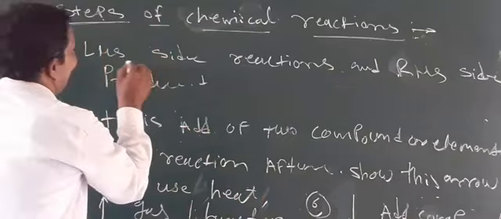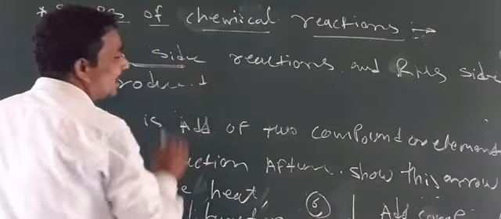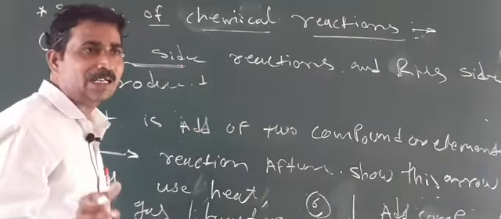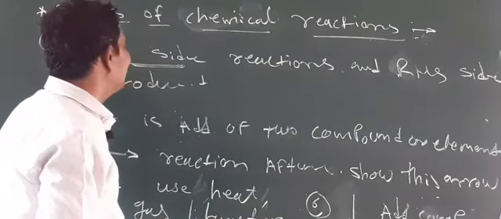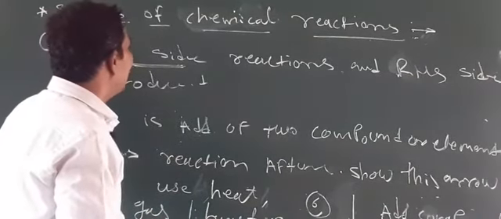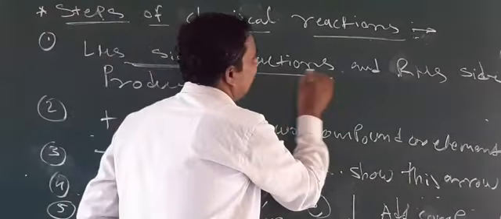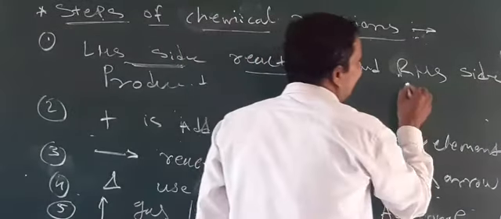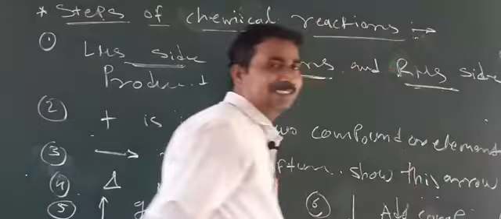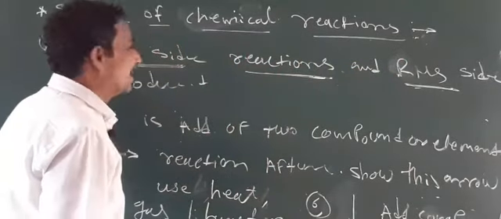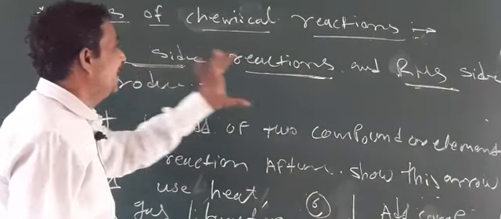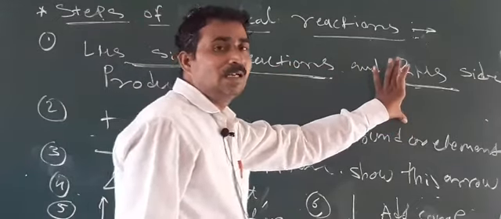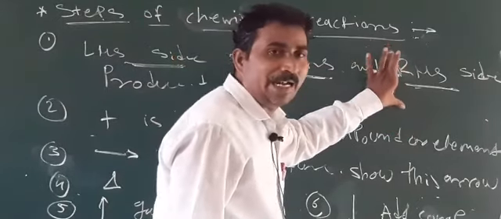We always want to start the chemical reaction on the LHS side, and on the LHS side reactants will come. At the end of the chemical equation, on the RHS side, products will come. LHS means left hand side, and RHS means right hand side.